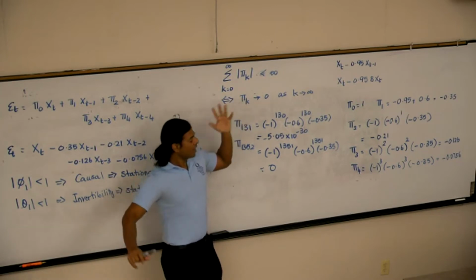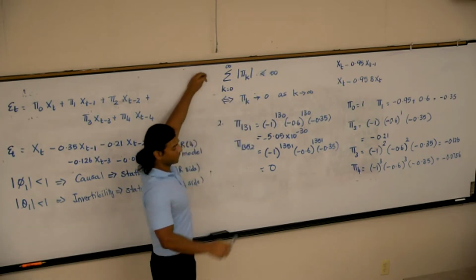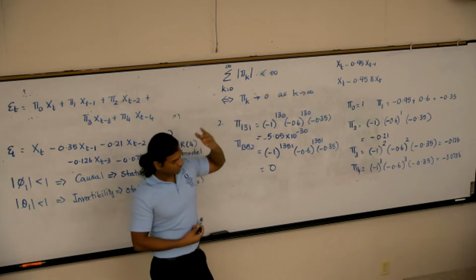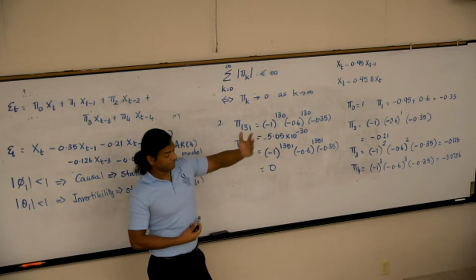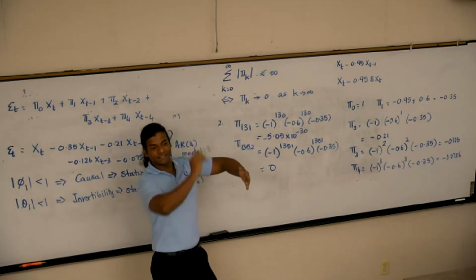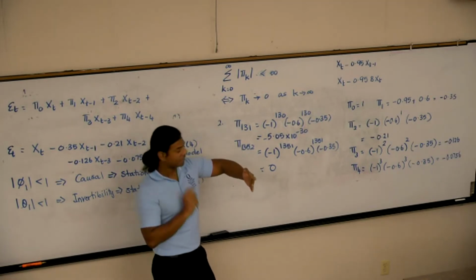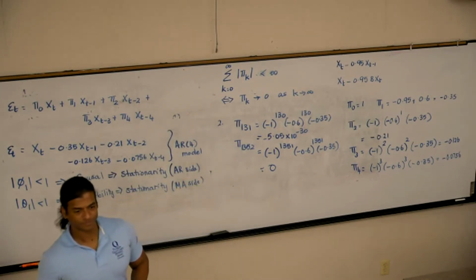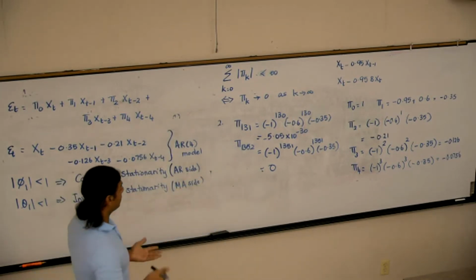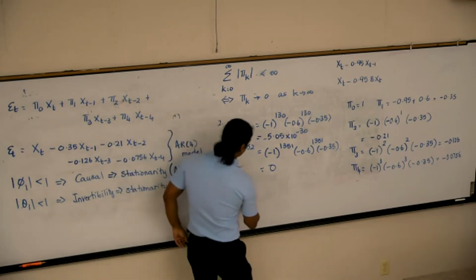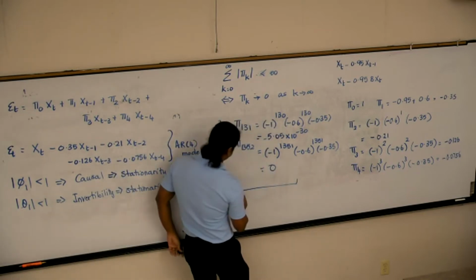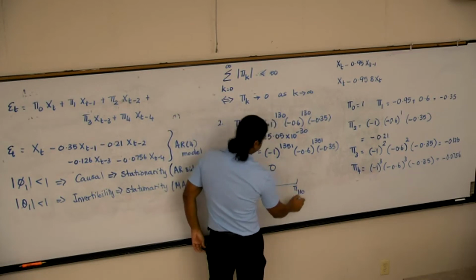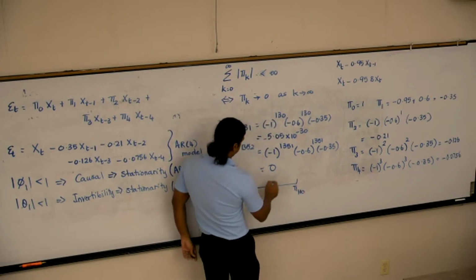So you are adding pi values from 0 all the way up to infinity. But beyond a certain k, you're just adding zeros. Do you think that the series is absolutely summable? Yes, because let's say you add all the way up to pi 100, you get some number.